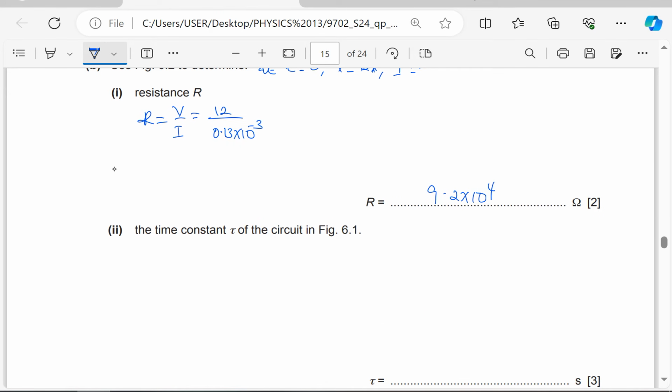The time constant tau. Of course, we know that current is equal to I naught e to the power of negative t over tau, where tau is the time constant, which is R times C. So I will use this.